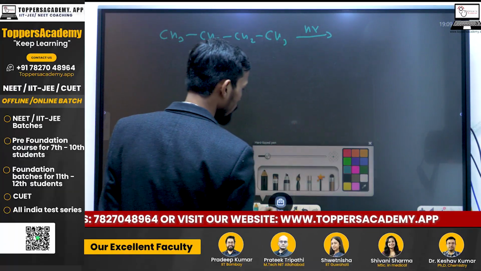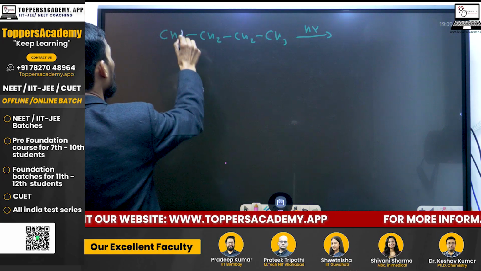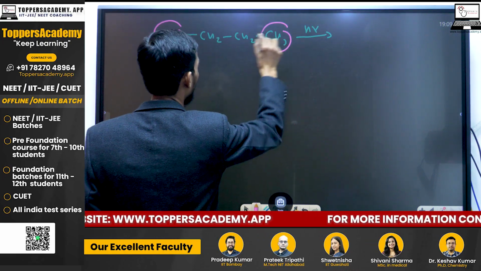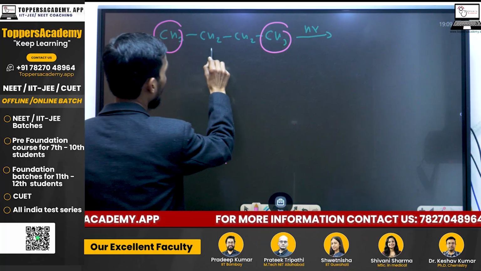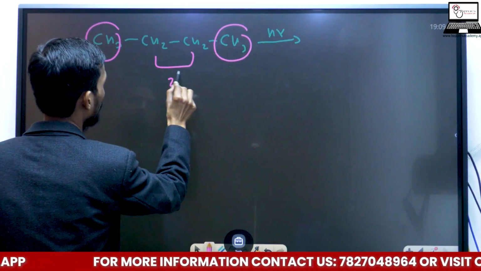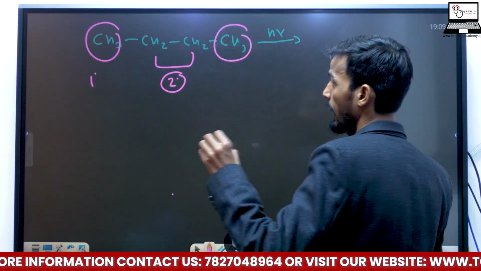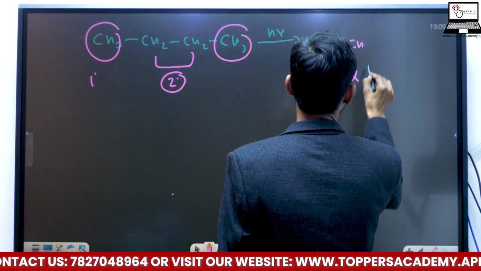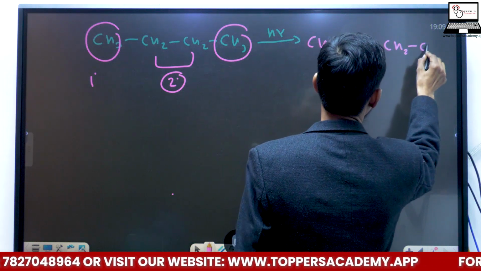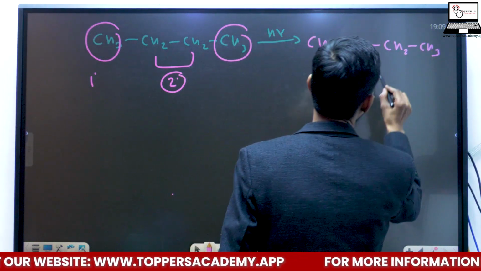We will see some major and some minor products, because over here in CH3 and CH3 there are 6 hydrogens that are 1 degree, and the other 4 hydrogens are 2 degree. So the major product which we are going to get over here will be the 2 degree one, CH3CHX plus CH2 single bond CH3. So this will be the major product.